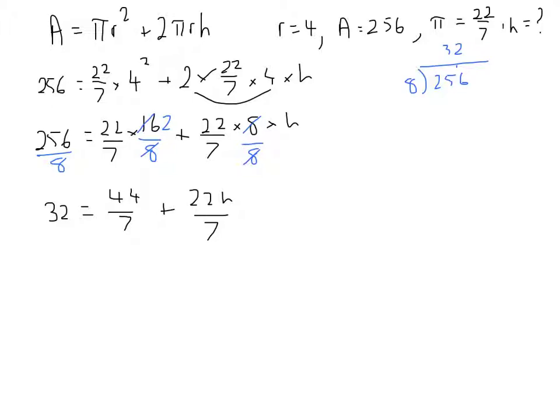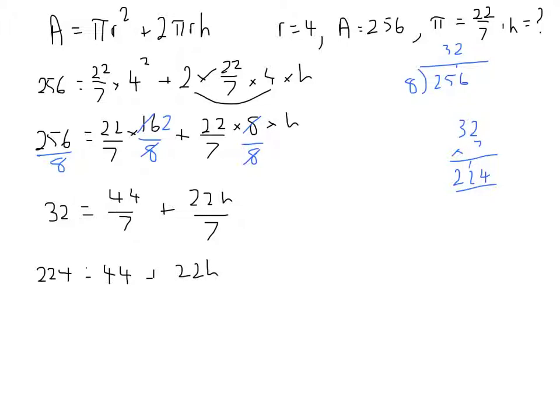Now, next, if we multiply everything by 7, 32 by 7, 2 7s are 14, 7 3s are 21, plus 1 is 22. So we end up with 224 is equal to 44 plus 22h.